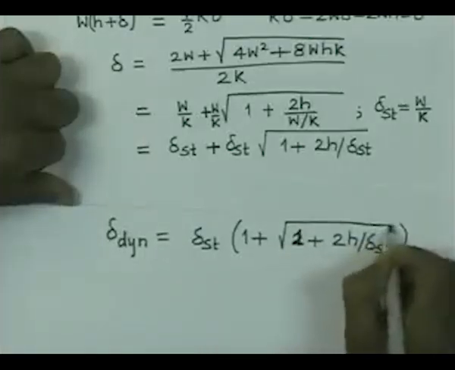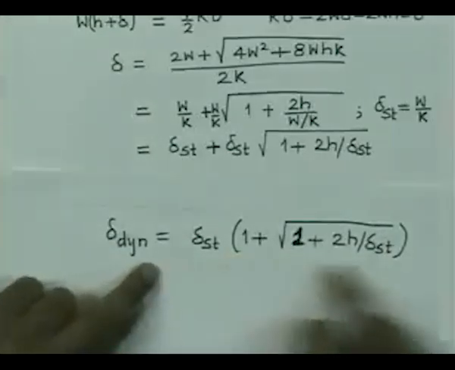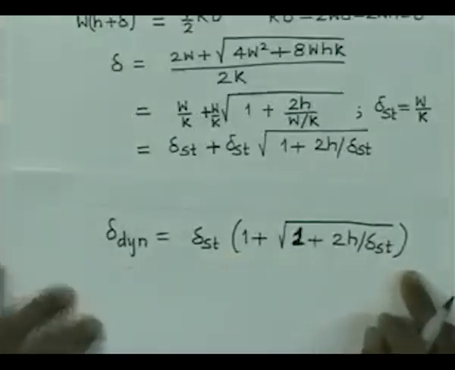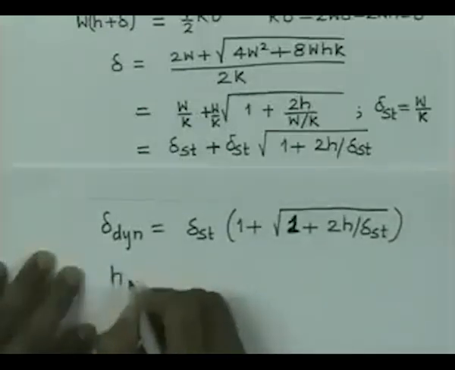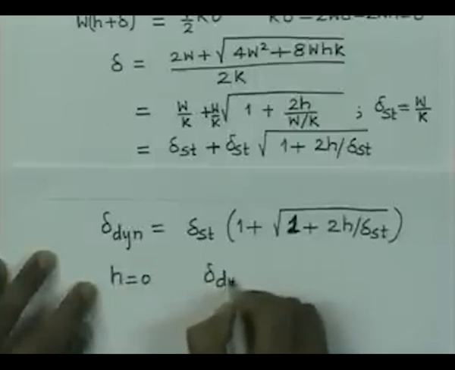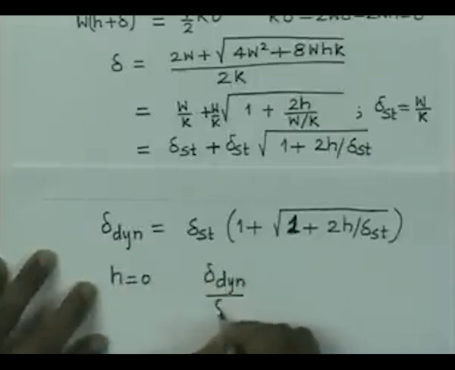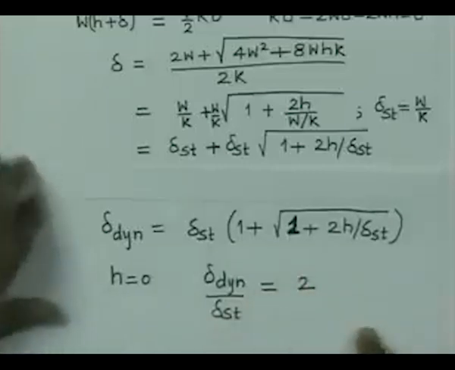We find that the dynamic deflection is always going to be more than the static deflection, and when h is equal to 0, delta dynamic by delta static is equal to 2.